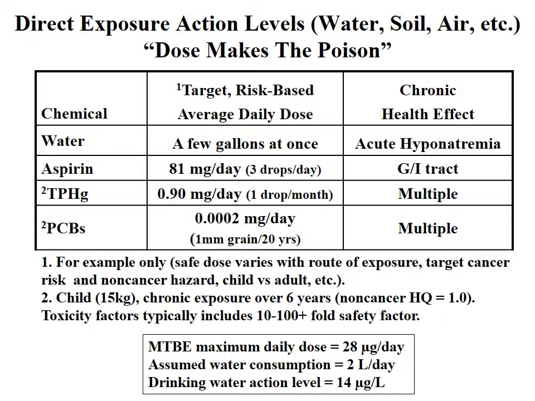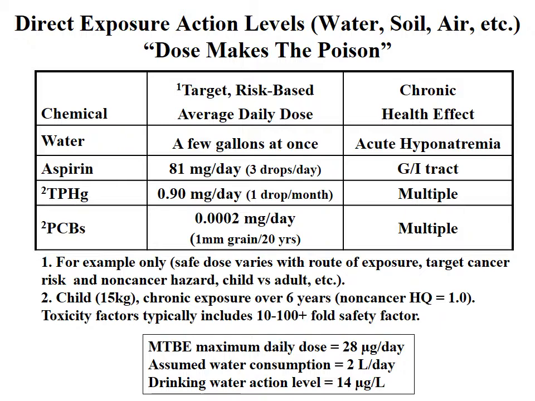That's actually the toxicity factor we use in our direct exposure models to develop soil action levels. It's very similar for water and even air action levels, although they can differ a little depending on the route of exposure and the multiple problems posed by exposure to gasoline. But you can be exposed to 1 drop of gasoline a month in some form or other, and it's not going to pose a risk according to these toxicity studies.